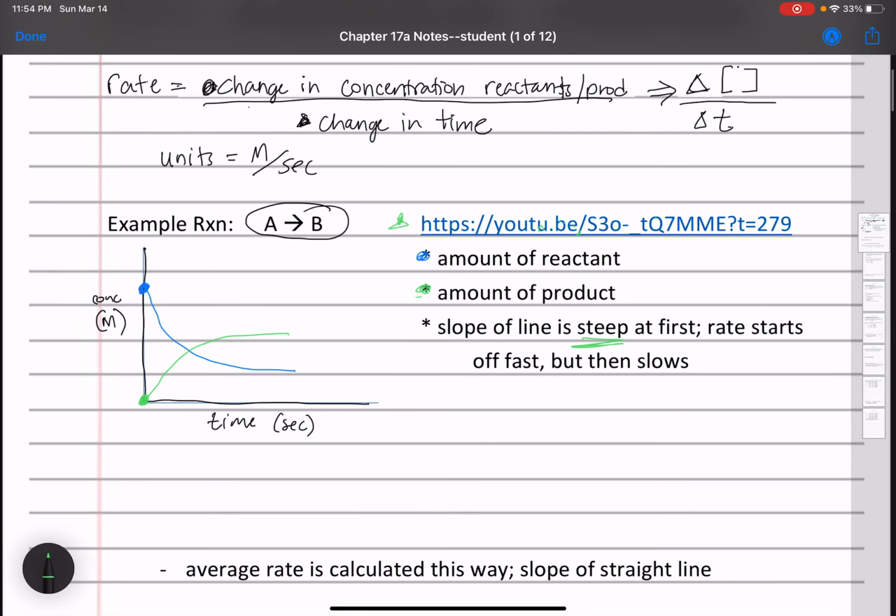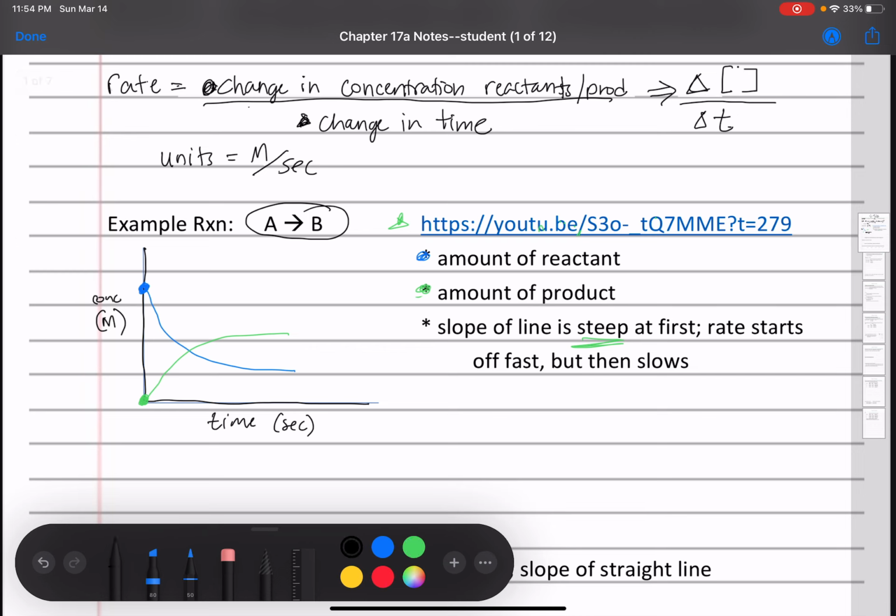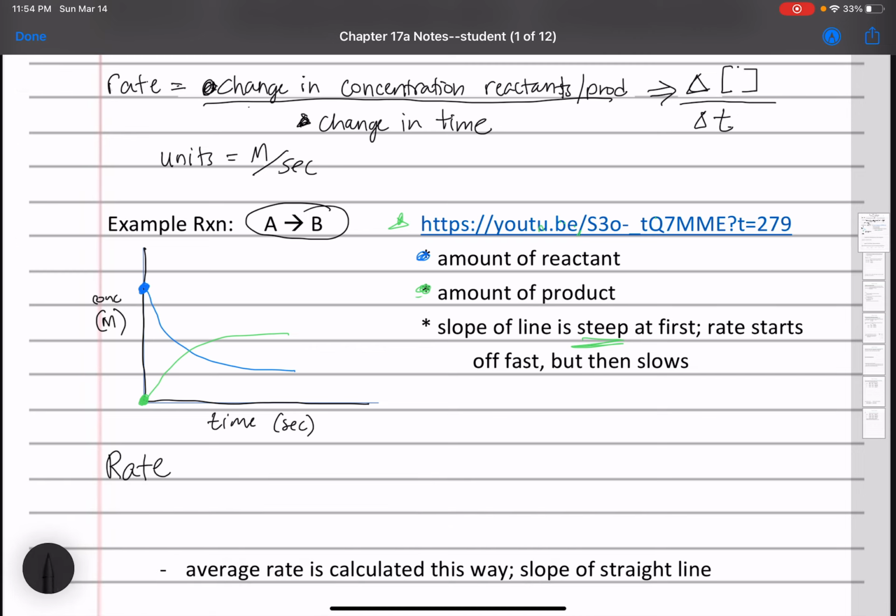Okay, so for this reaction, we can write out the rate expression. Rate, we defined as the change in concentration over the change in time. So for this reaction, the rate is equal to the negative change in concentration of our reactant, because the reactant concentration goes down, and rate should always be a positive value.